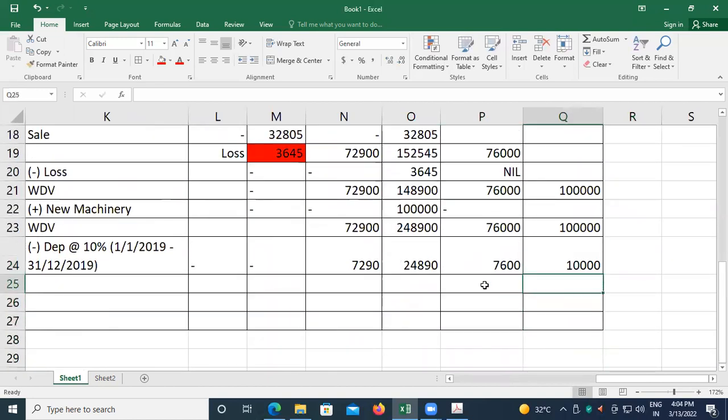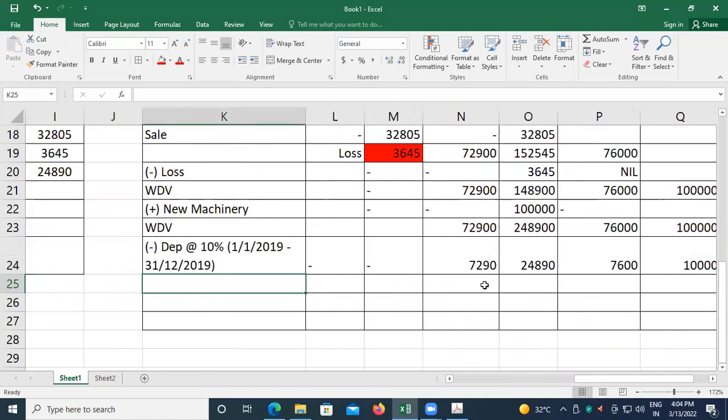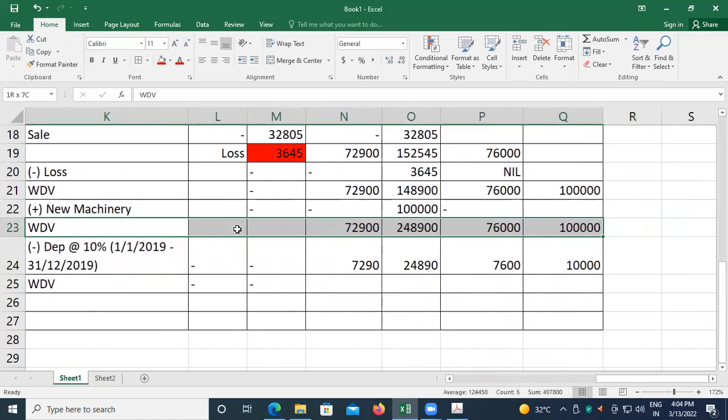Now what we will calculate, again cost minus depreciation, the written down value will come at the end of last year. Now let us take the total. This was before depreciation, and we charged depreciation, and now I'm going to calculate the final total balance.